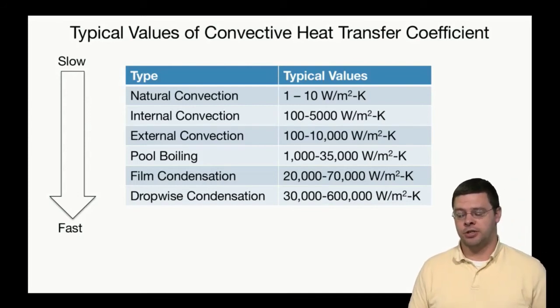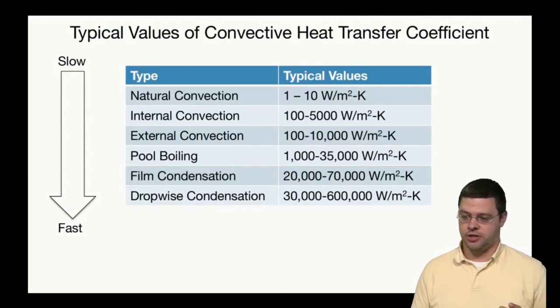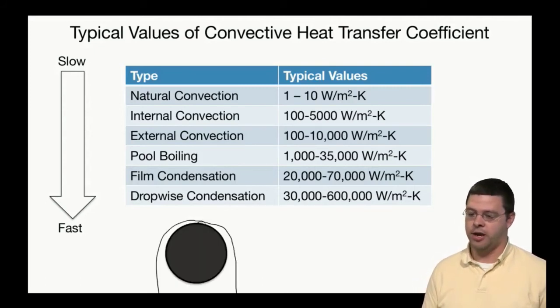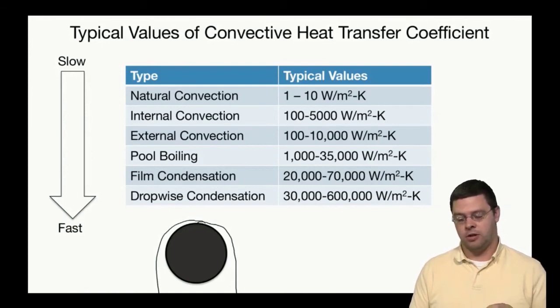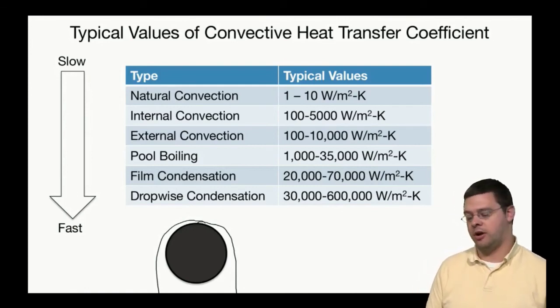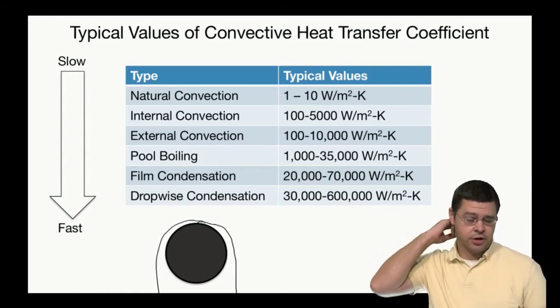Film condensation: in the last slide I didn't really differentiate between different types of condensation, but there are actually two different types. One, which I'll call film condensation, is where the liquid condenses entirely on the outside of the object that you're trying to transfer heat from, or transfer heat to.